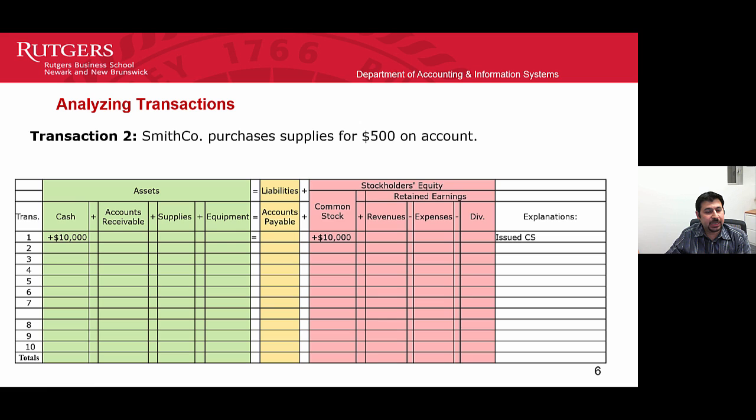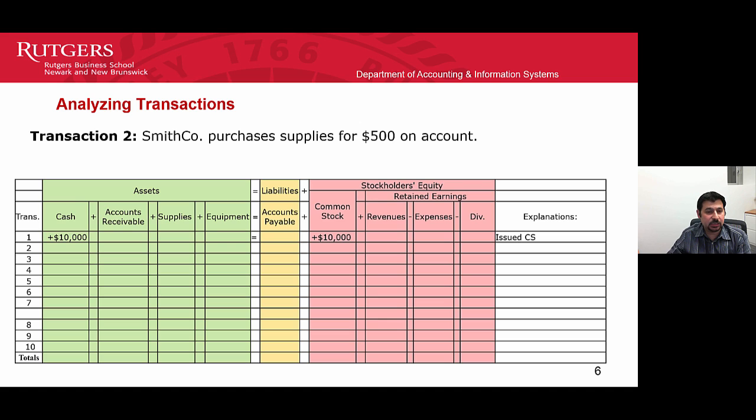Now, the second transaction is where Smithco purchases supplies for $500 on account. So in this case, supplies, which is an asset account, has increased by $500. But we did not pay it directly. And whenever we say it was purchased on account, it means that this is an increased liability.